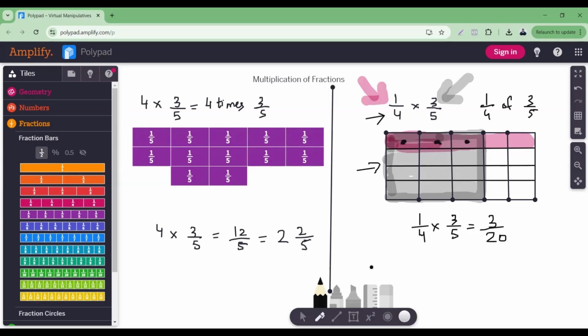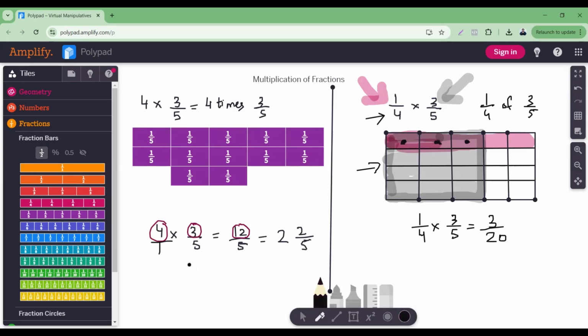I want you to notice some pattern here. What is that pattern? If you see here, 1 and 3 got multiplied to get a 3. Okay, if that is the case, do we have a pattern for the bottom, I mean, the denominator also? 4 means we can assume that there is a 1 in the denominator.